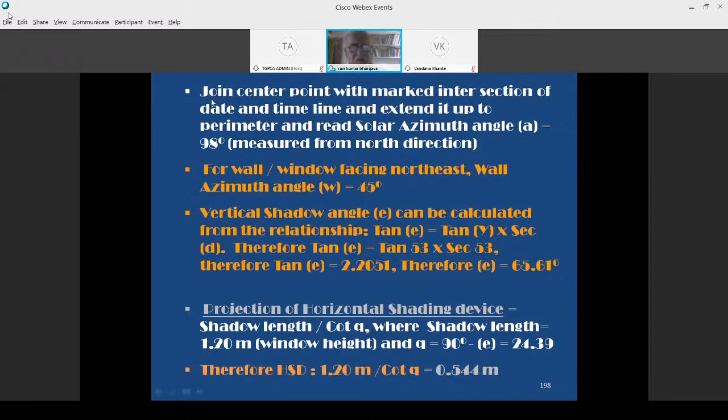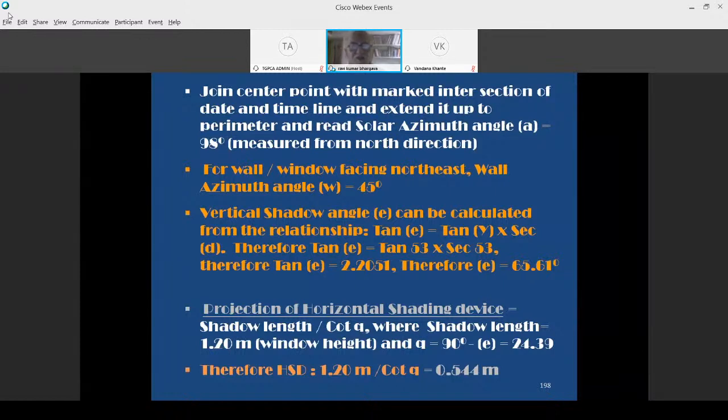Then, friend, join the center point of the chart with the marked intersection of the date and timeline and extend this line up to the external periphery of the solar chart. And read the angle measured from north direction.